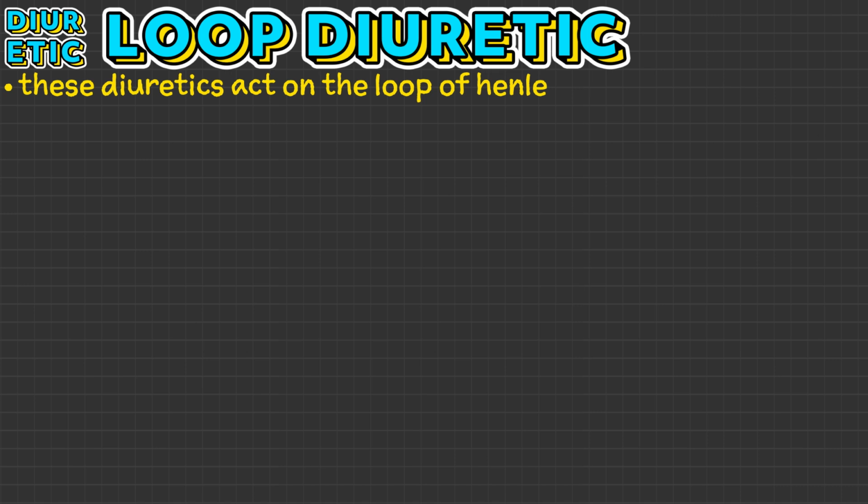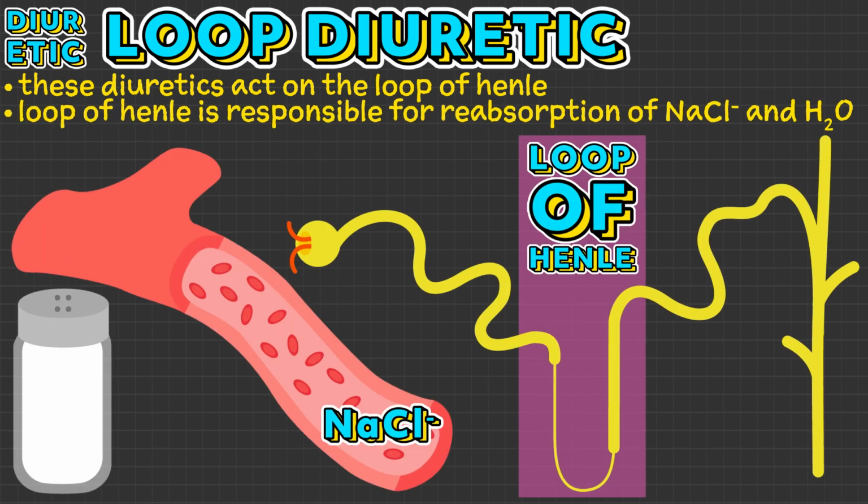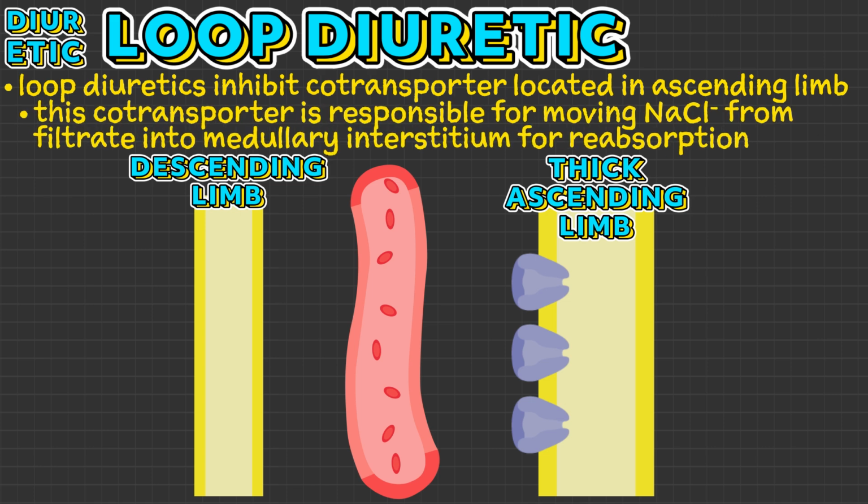Loop diuretics act on the loop of Henle, which is responsible for the reabsorption of sodium chloride and water. These diuretics inhibit a cotransporter located in the ascending limb of the loop of Henle. This cotransporter is responsible for moving sodium chloride from the filtrate into the surrounding medullary interstitium for reabsorption.